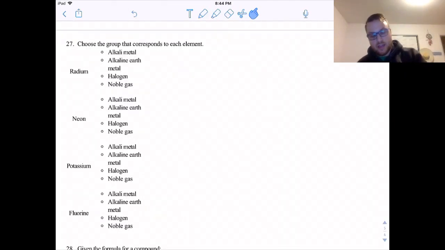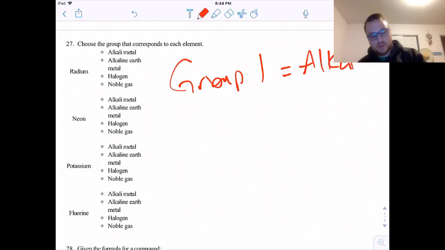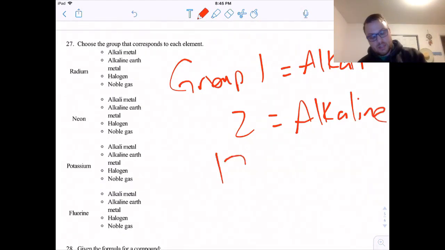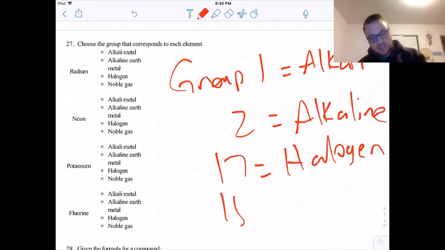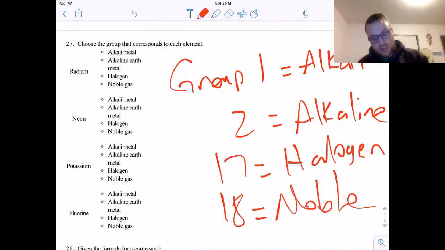And 18 is noble. So radium is Ra, an alkaline earth metal, in group 2. Neon's in group 18. Potassium's in group 1. Fluorine's in group 17. I would know the noble gas is group 18 and leave it there.